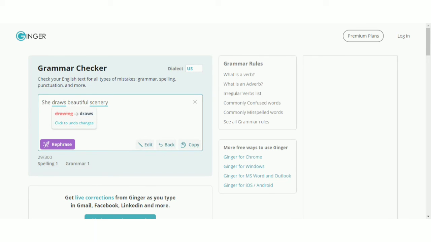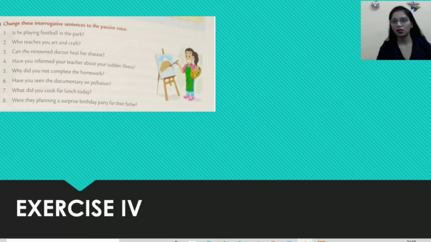Okay, so it says she draws, and the spelling of scenery is wrong. So you have seen now how it's working. Now you can just copy paste this and use it anywhere you want, or you can just write it down in your notebook. It's so easy to use, right? So you can download this, and I will be telling you more about this in my next video.